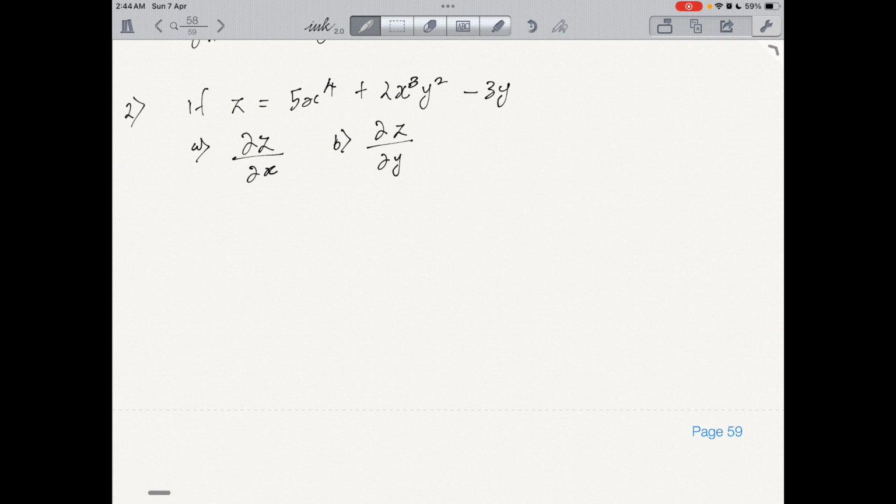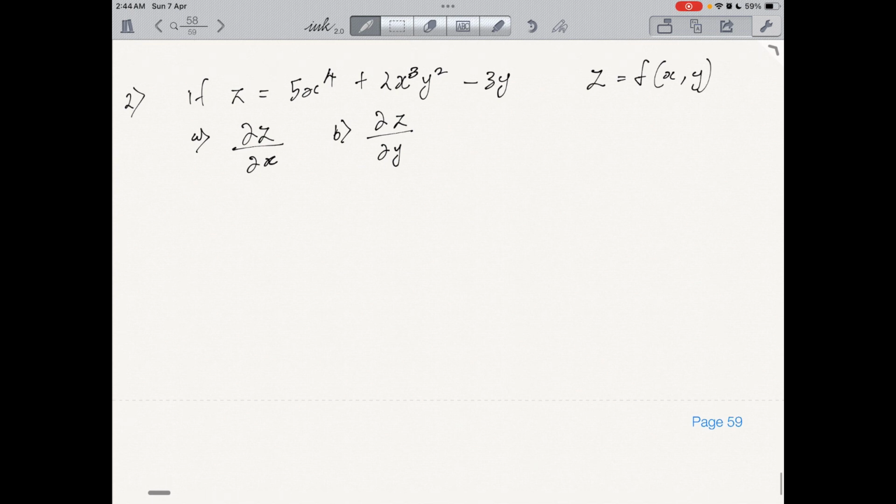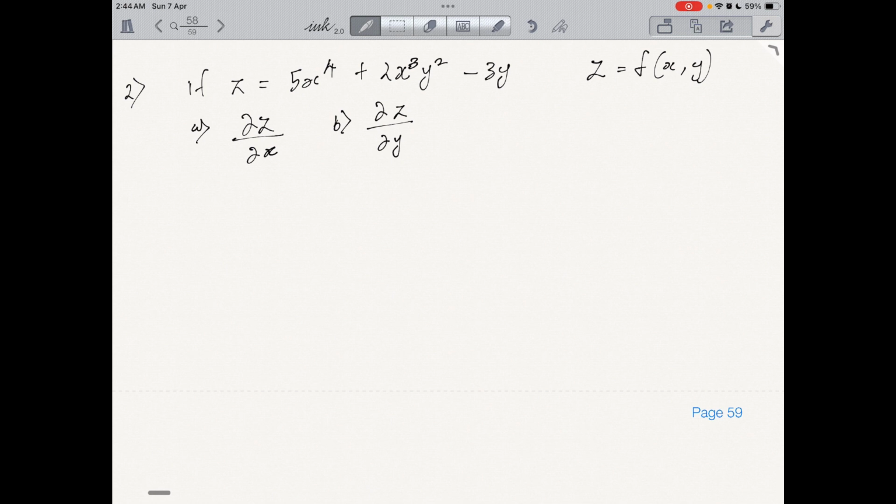Now in this question, we can see that z is a function of x and y. While differentiating partially with respect to x, y is assumed constant. While differentiating partially with respect to y, x is assumed constant.